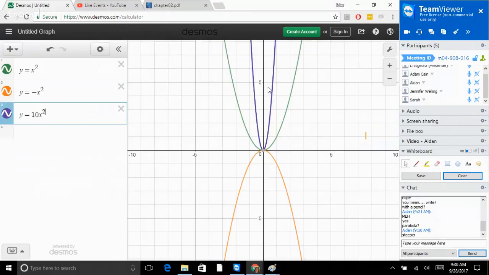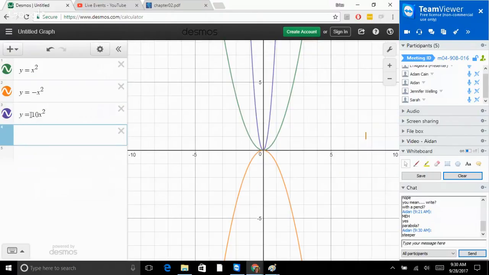The values are going to increase at such a greater rate that we're going to get a much, what's the right word? I'm blanking for a minute. Steeper. Now I want to say steeper, Aiden. Much steeper parabola, right? It's basically going to increase at such a greater value.